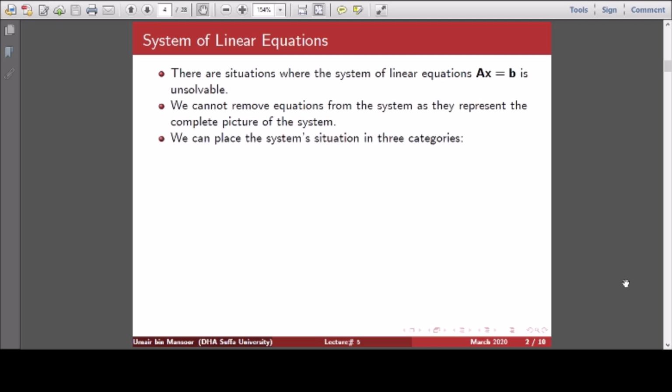So let's first categorize the conditions or situations where the system is not easy to solve.